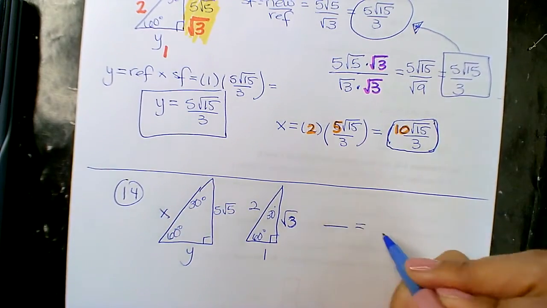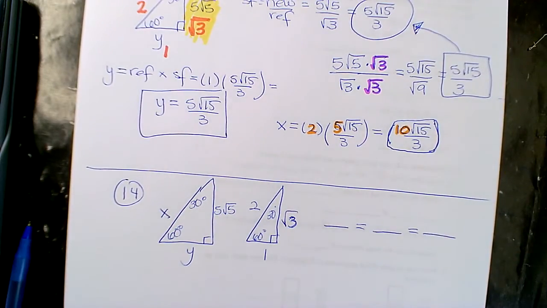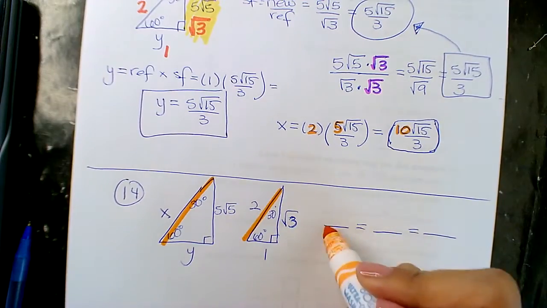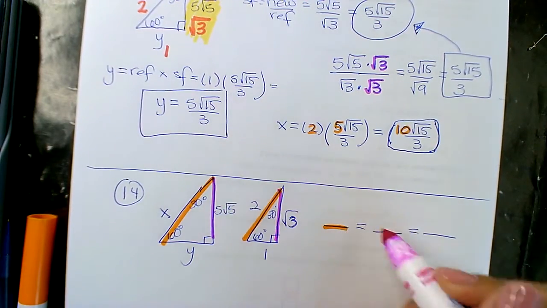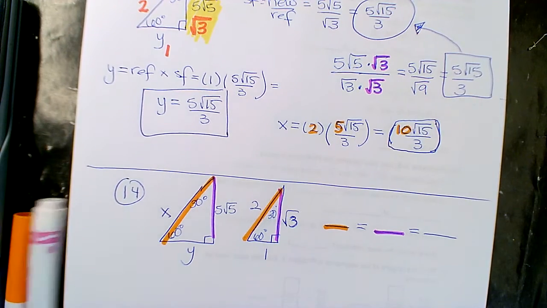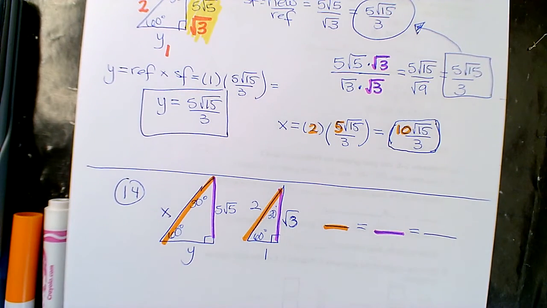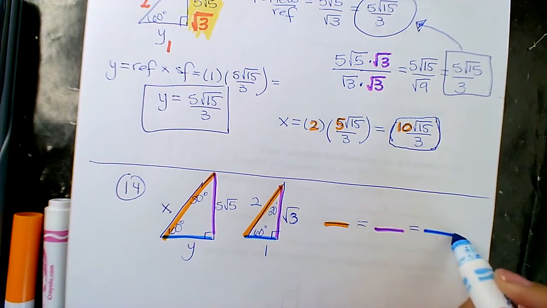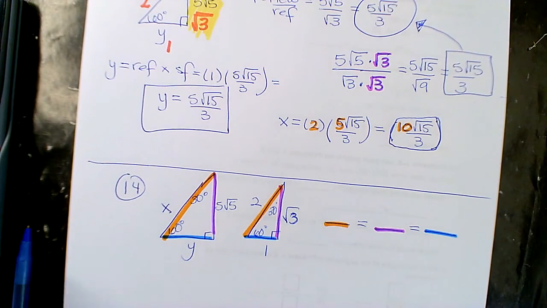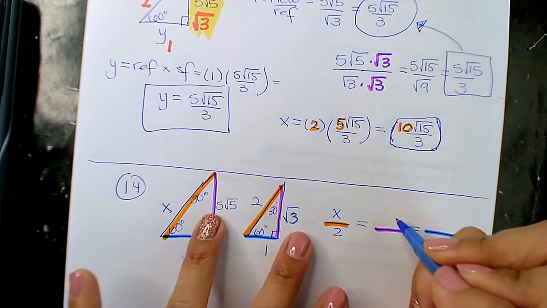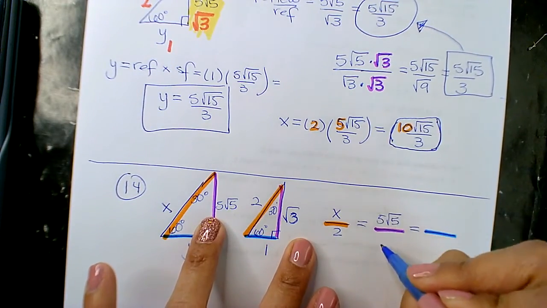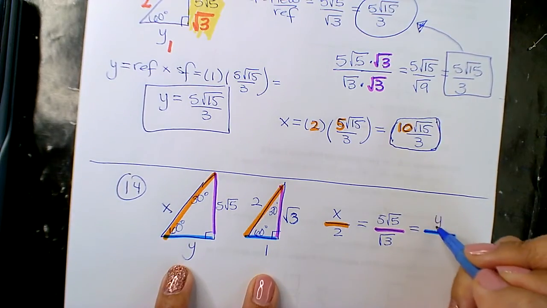All right, so if you take the statement of proportionality, which is right, that test, we're going to retest tomorrow. Wait, where's blue? What did I do with the blue marker? Oh, here it is. All right, so x over 2, 5 rad 5 over rad 3, y over 1.